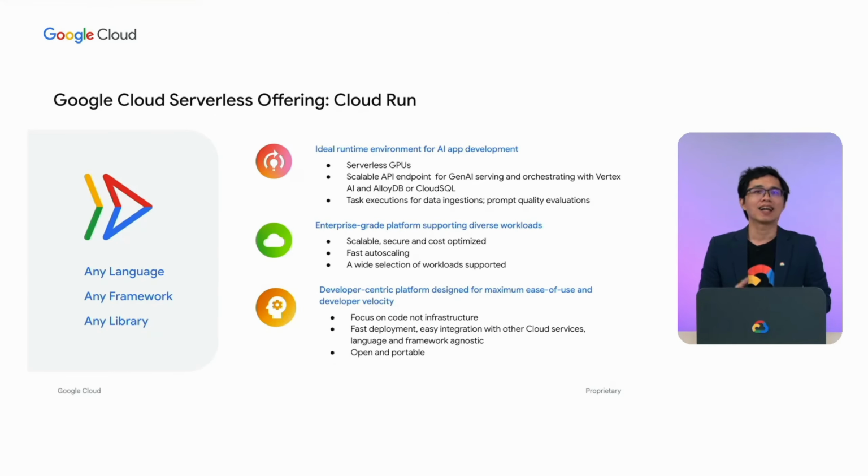So in 2025, Cloud Run announced support for GPUs. So with all the benefits of a serverless platform, including full integration to other popular AI development platforms such as Vertex AI and database platforms such as AlloyDB or Cloud SQL, makes Cloud Run the ideal runtime environment for AI application development.